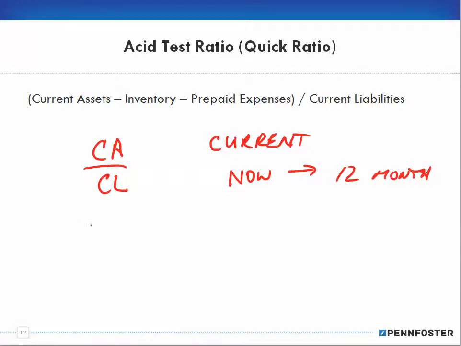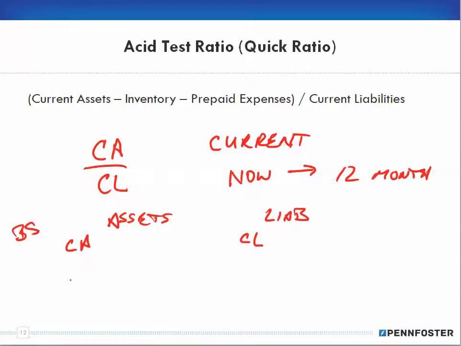So when you're looking at your balance sheet, you're going to see your assets and you're going to see your liabilities. Underneath your assets, you're going to have current assets, and under liabilities, you're going to have current liabilities.